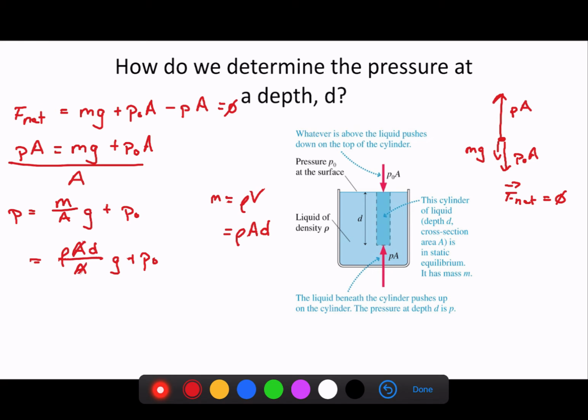Now our formula reads, the pressure at a given depth is equal to the density of the fluid times the depth times our gravitational acceleration, g, plus whatever the atmospheric pressure is at the top of that column of fluid. We're going to be able to use this for future problems to figure out what the pressure is at any depth inside of any liquid.